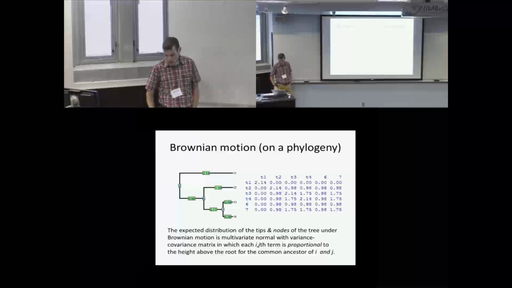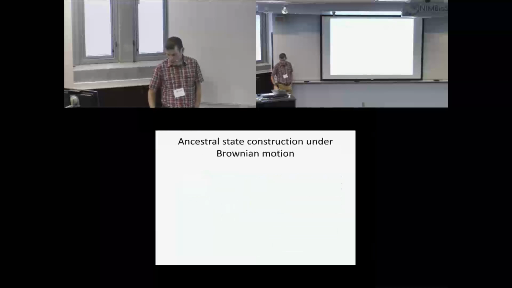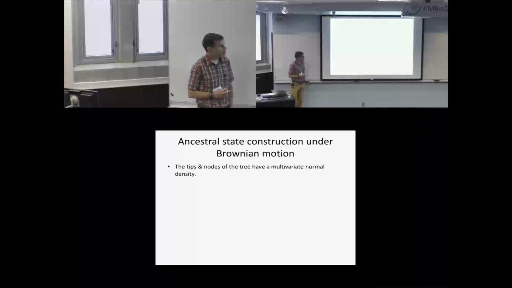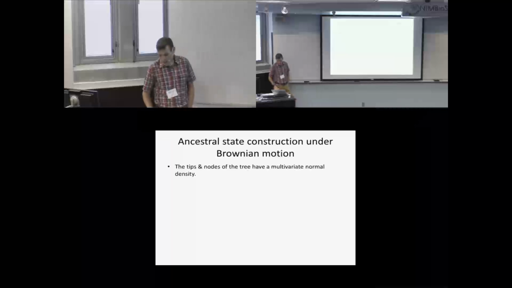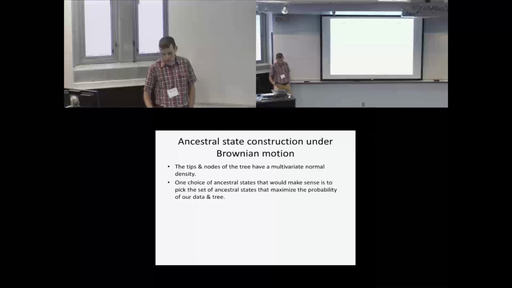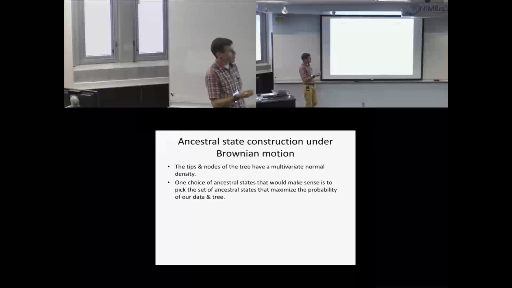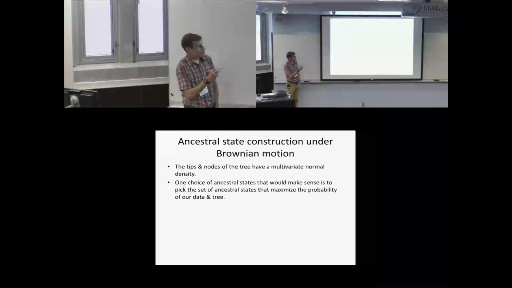Okay, so now that we've figured this out, we know that the tips and the nodes of the tree have a multivariate normal density. And one choice of ancestral states, remember normally we've only observed the states for the tips, is to pick the set of ancestral states that maximizes the probability of our data in the tree.